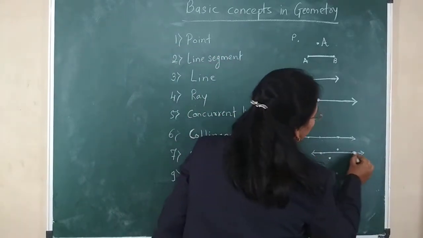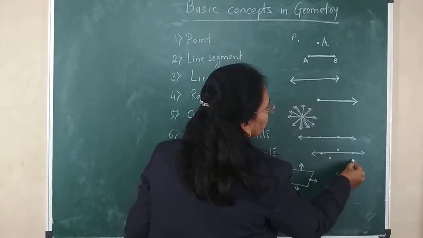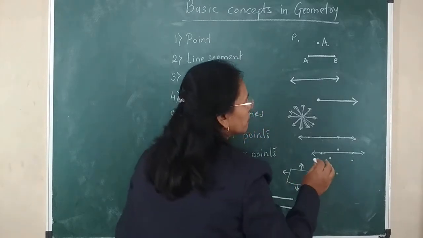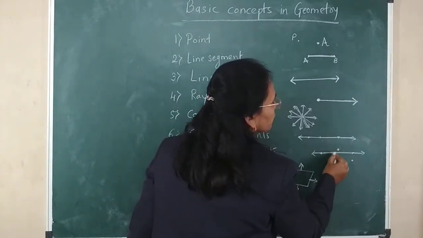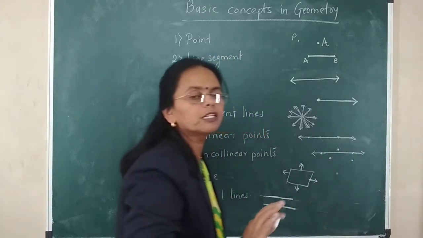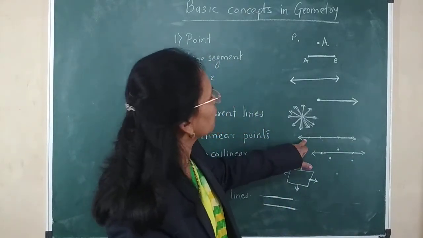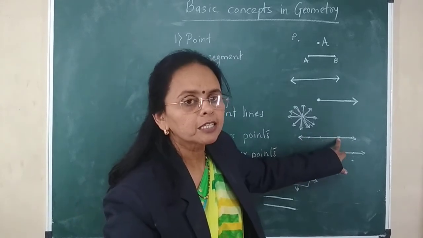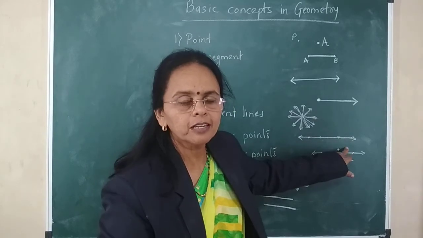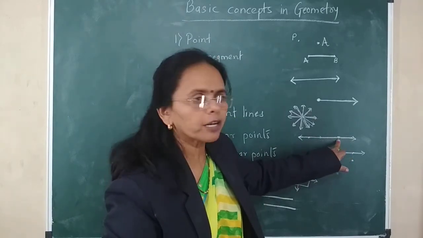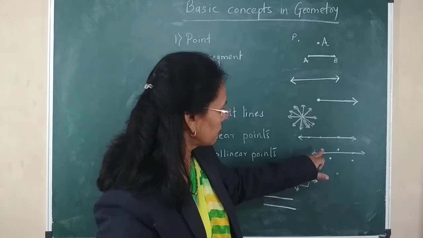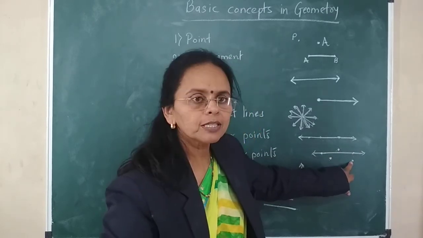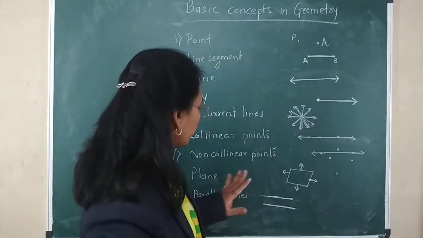This is the line and these are the points. This line is drawn but it does not pass through these points. So these points are called non-collinear points. This is also a line, but this line passes through these points, and these points are three or more, so these points are called collinear points. But this line cannot pass through these points, and that's why these points are called non-collinear points.